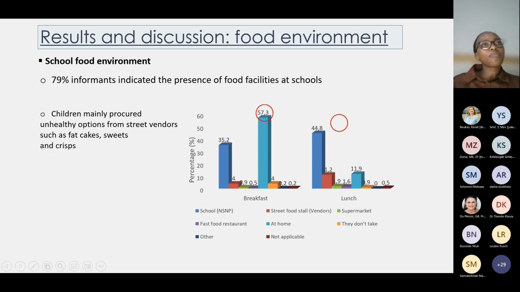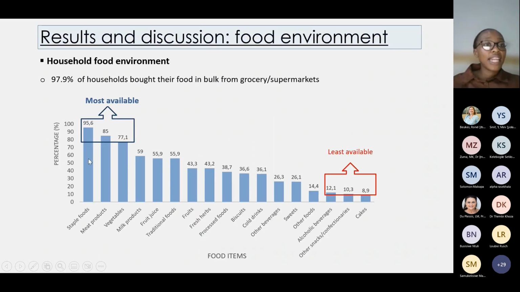When we asked what children buy from street vendors, it was revealed that children mainly procured unhealthy food options, such as sweets, crepes, fat cakes, amongst other unhealthy options.